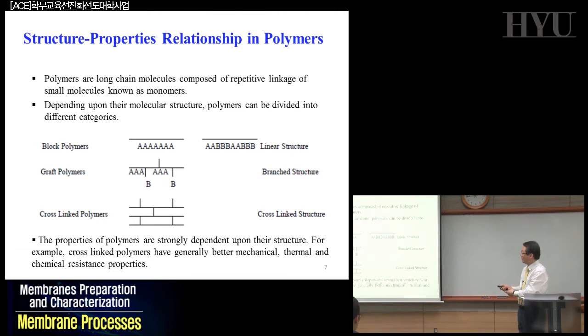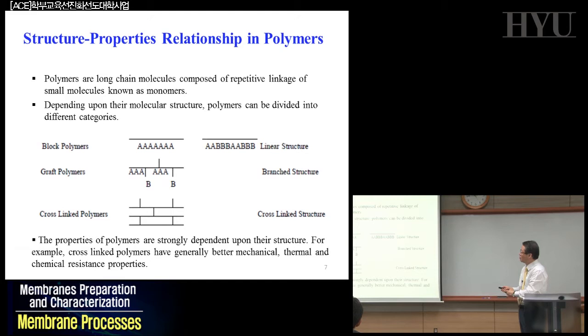So here we are talking about the copolymers because we have A monomers and B monomers. Now we have three different copolymeric systems exhibited here as an example, and we have a block copolymer.